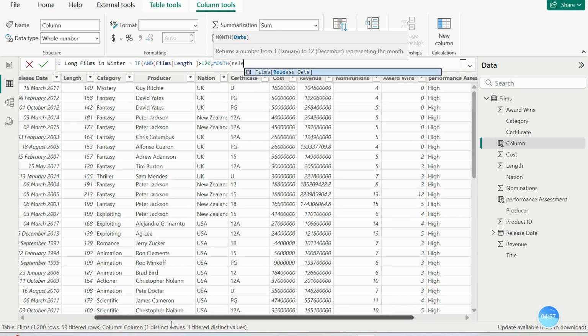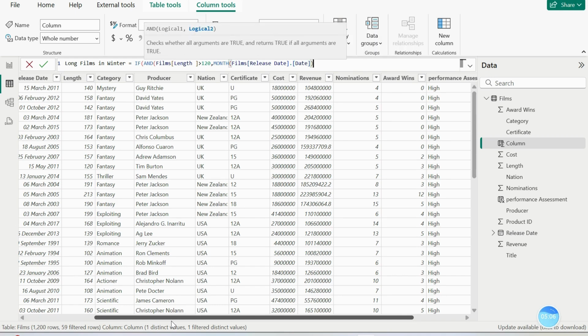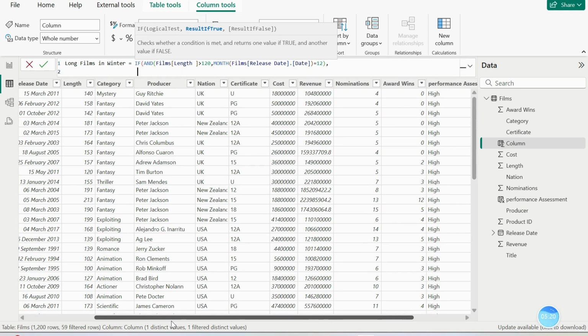Release date. Because the MONTH function is already finished here, we need to put the bracket. Then the month equals 12. And also because the AND function is already finished here, we need to put another bracket. Okay, we call it expected, otherwise it's not expected.